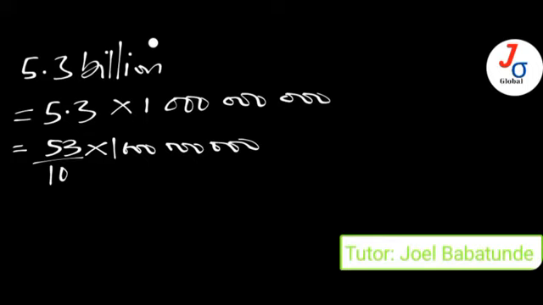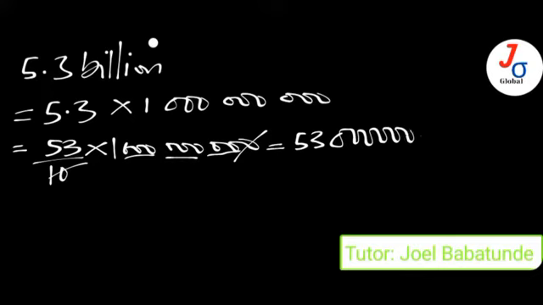Okay, so how do we do this? One 0 can cancel out this 0, and so we have 5, 3. How many zeros? 1, 2, 3, 4, 5, 6, 7, 8. So I can write this from the back by writing 1, 2, 3.